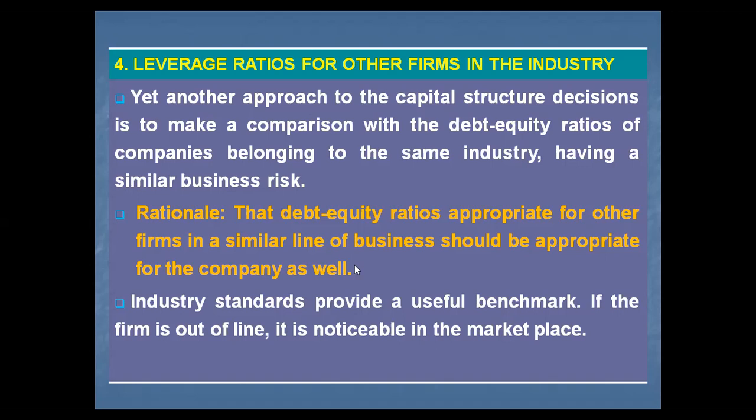If Hindustan Unilever Limited has raised capital in certain debt equity proportion, it may also be suitable for Reckitt Benckiser, because both operate in the same industry. The macro environmental forces faced by both the companies are to a greater extent the same. That is the rationale. Industry standards provide a useful benchmark if the firm is out of line.